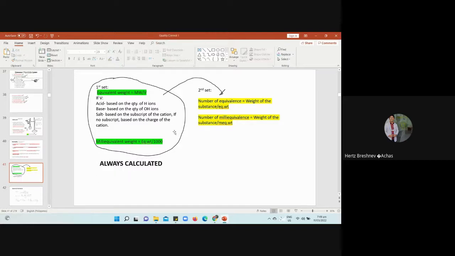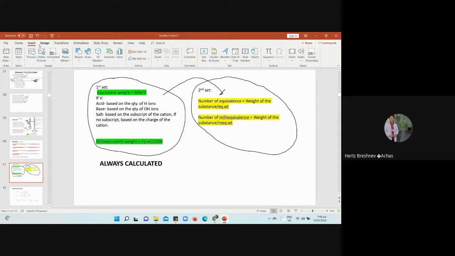And then the second set of formula depends on whether it is asked by your instructor. But let me emphasize what I said earlier: how to count the number of molecules.